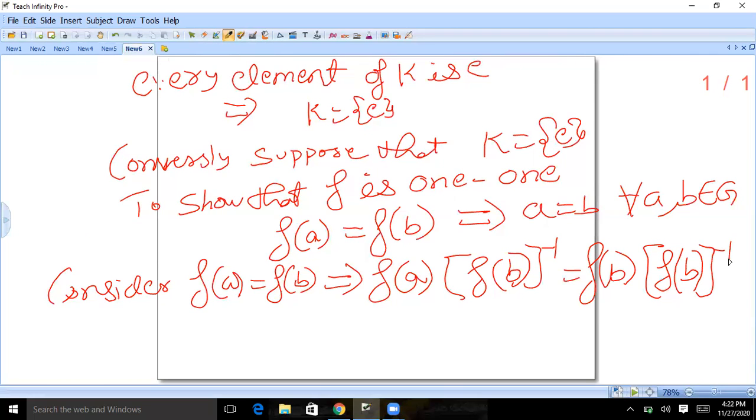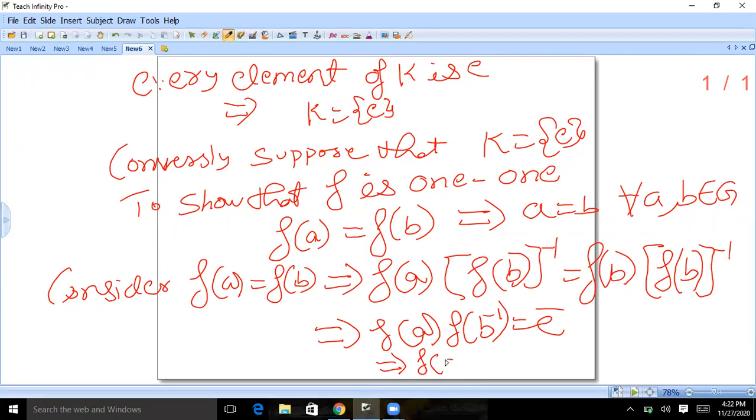That is f of A into f of B inverse is equal to e bar. Therefore, f of A B whole inverse is equal to e bar.